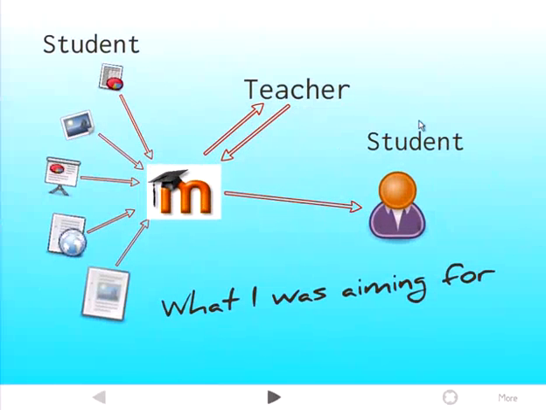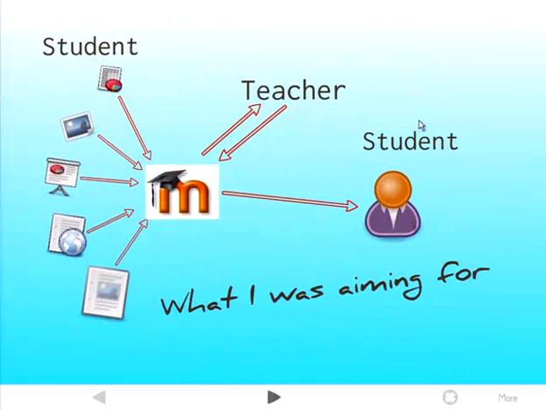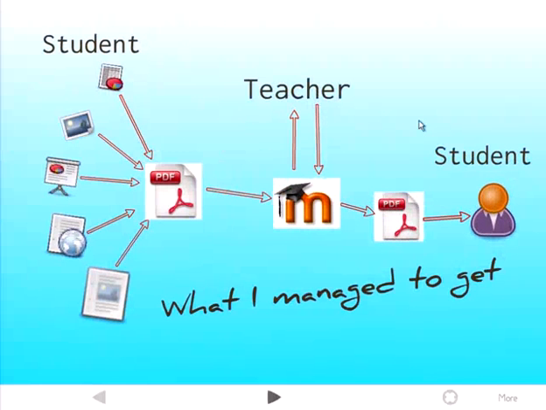The student throws all their work into the VLE, I go onto the VLE and mark it, and the student gets the marking back. I didn't want to be dealing with different file types. Now, I didn't quite get to that. The best compromise I got was this, making use of the magic of PDF. Students can print everything they've got to a PDF. It's very simple to set up. There's a free piece of software called PDF Creator.